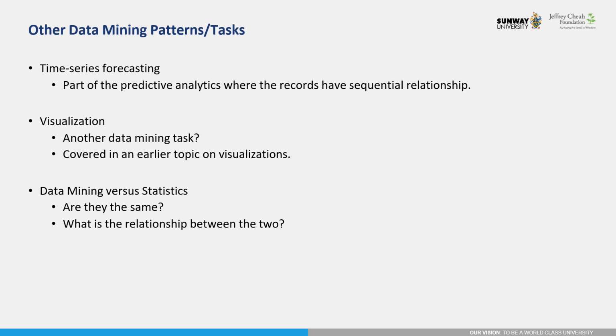Visualization is a very famous term, and we have thousands of kinds of visualizations, which may be charts or graphs, depending on the objectives you want to develop. As for data mining versus statistics, whether they are the same or different, we have a lot of discussion about it.